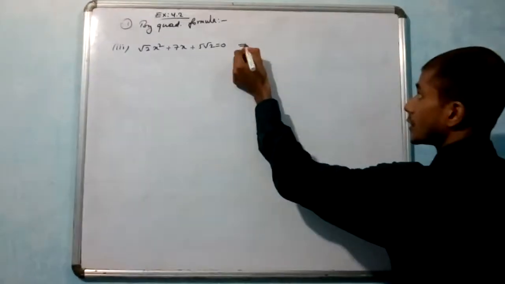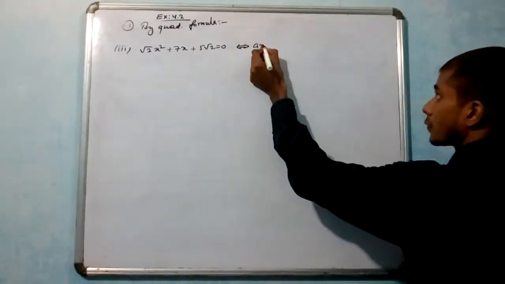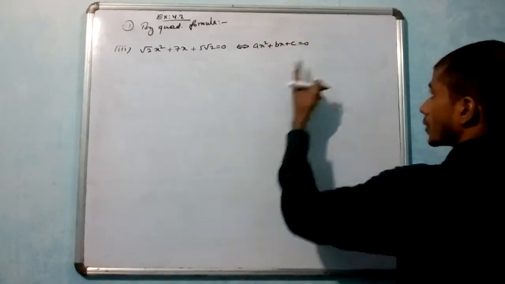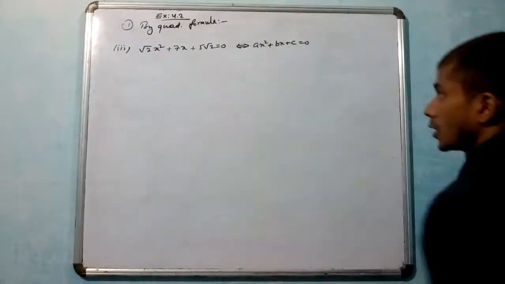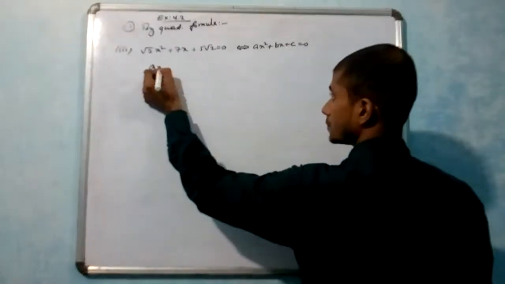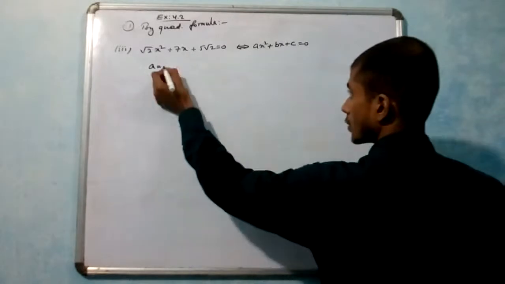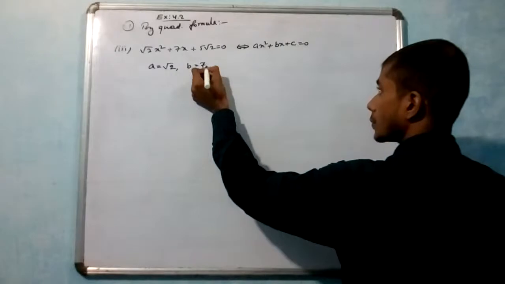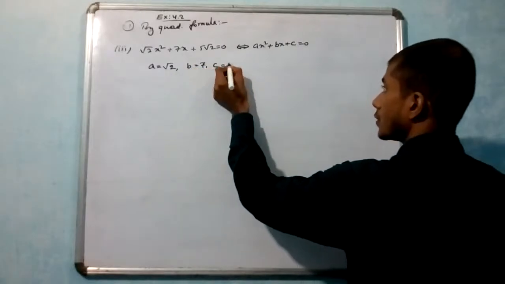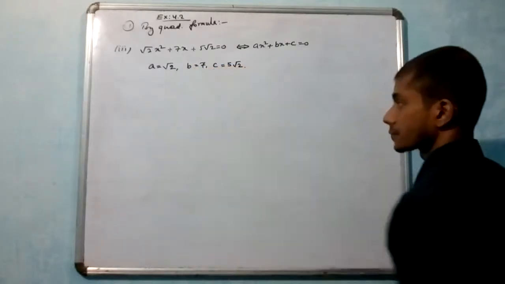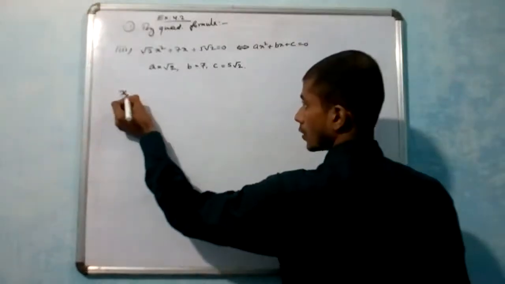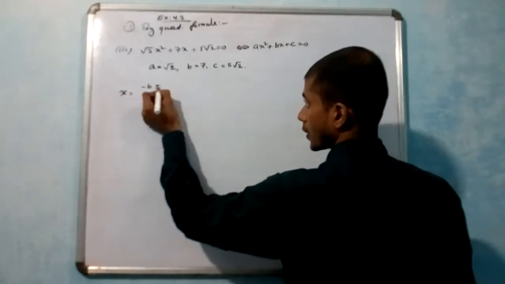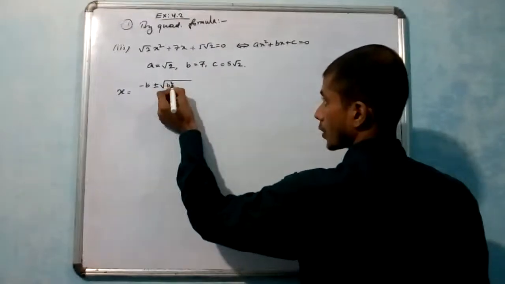So while comparing with the general equation of the quadratic equation, we will get what? A, what is A? B is 7 and C is 5 root 2.